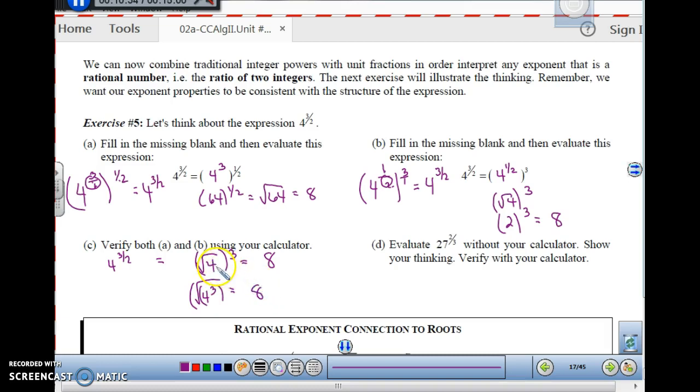So I could do the exponent first and then the square root, or I could do the square root first and then the exponent, and I'll still get the same answer. So it doesn't matter which one you do first, the power or the root.